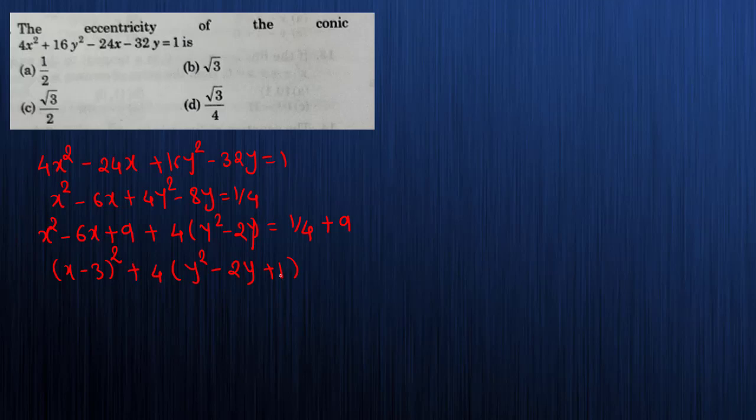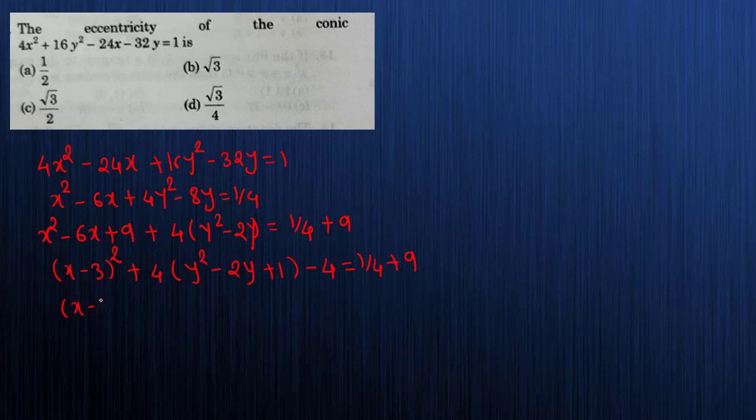Okay, so you have added plus 1, which means what? You are actually adding plus 4, because if you multiply this 4 inside, you will have plus 4, and I will add that 4 on the other side as well, which equals 1 by 4 plus 9.